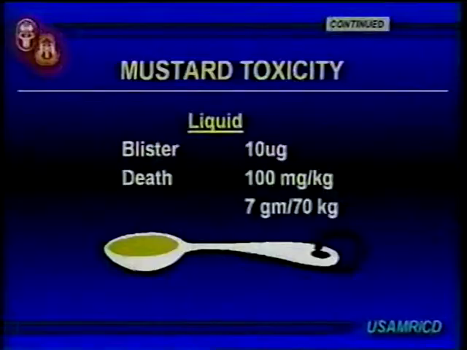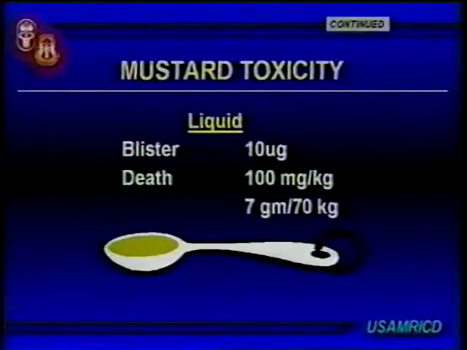These are all things so you have comparisons to try and grasp somewhat intangible concepts. Liquid, by comparison, you've seen some pictures of mustard already, and I'm going to show you more. But to raise just an insignificant little blister, like a poison ivy blister, it only takes 10 micrograms of liquid mustard.